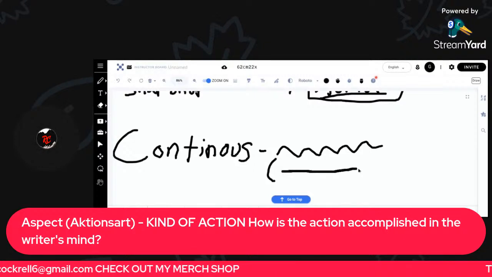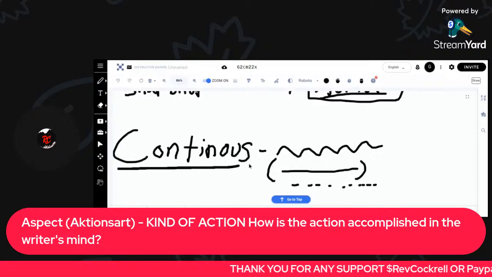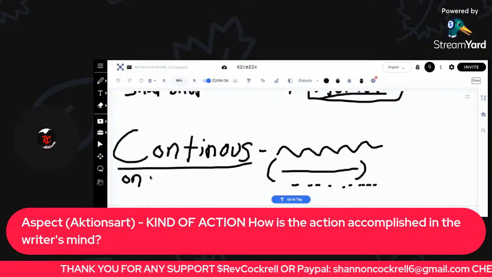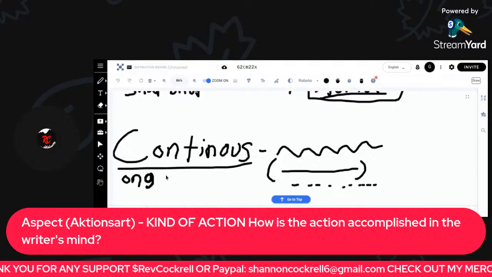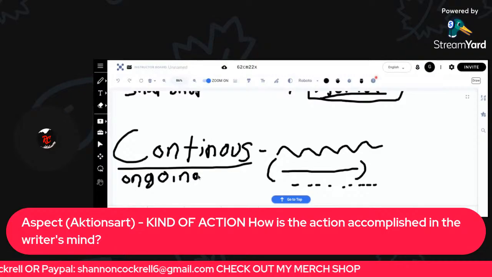Usually portrayed like a straight line. The action occurred. It's continuous. It's ongoing.